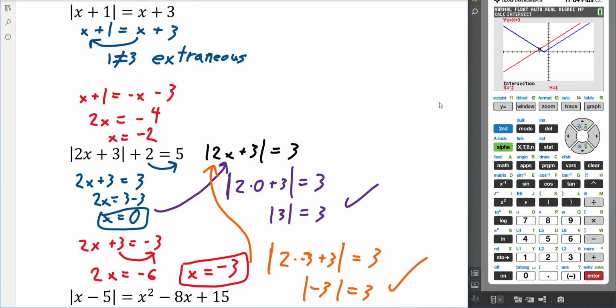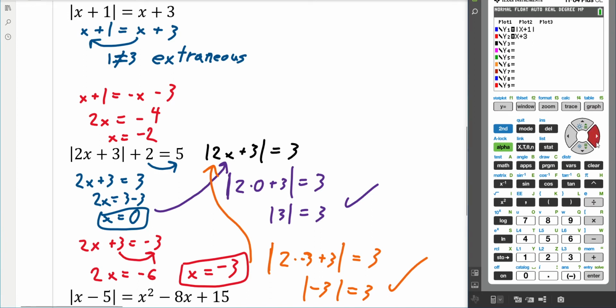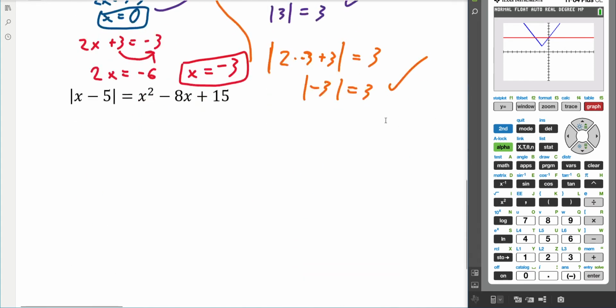So both of those should be solutions. We can again check this out by plugging it into our calculator. So 2x plus 3 plus 2, 5. And you can see there's two different spots. We could check them but I'm not going to right now.